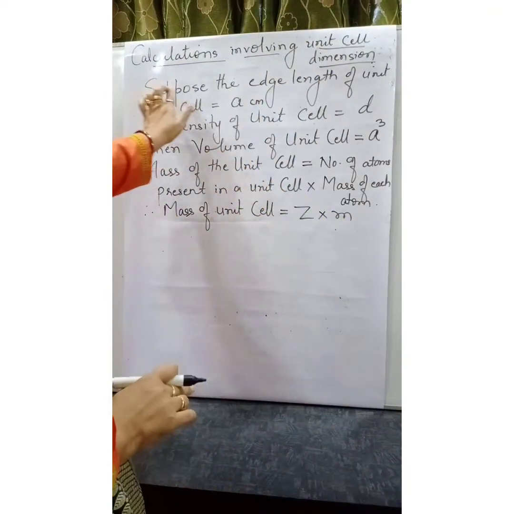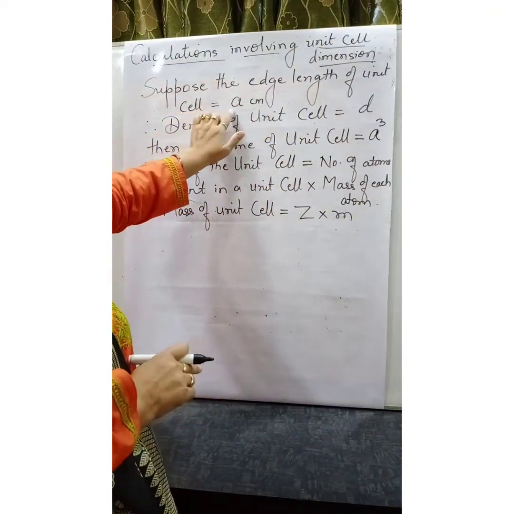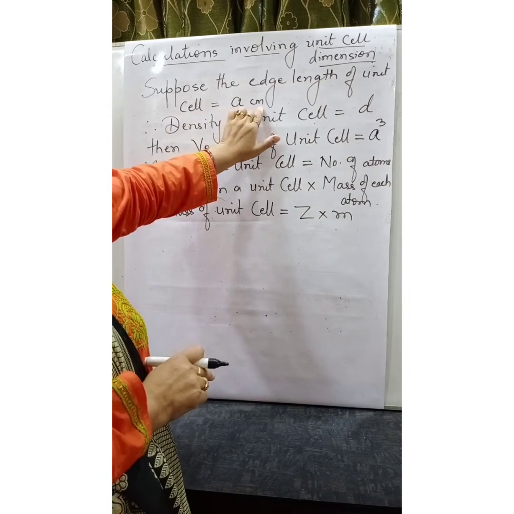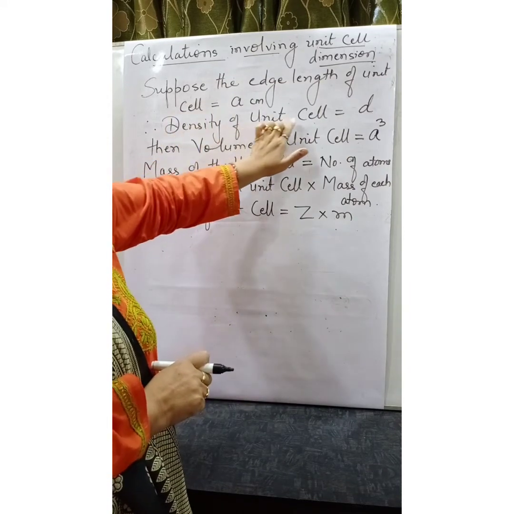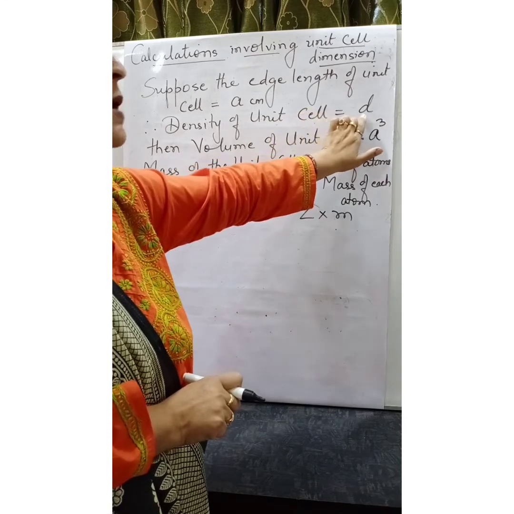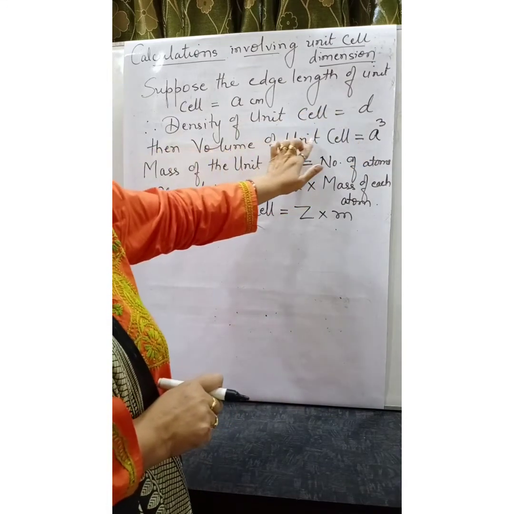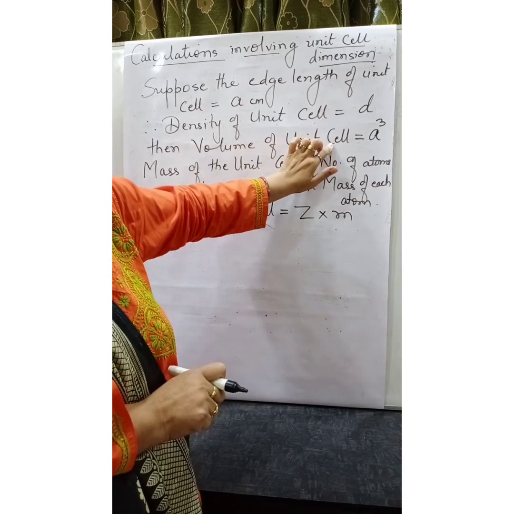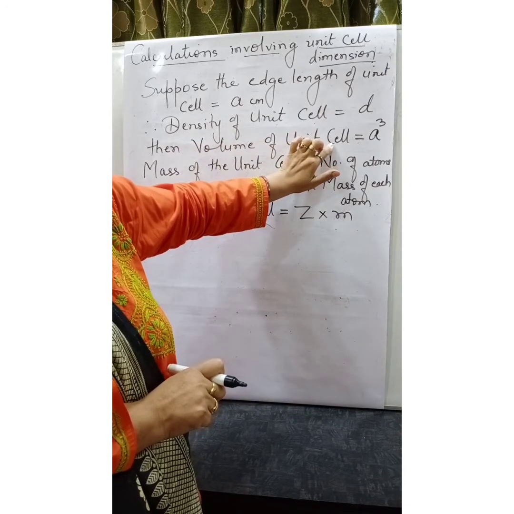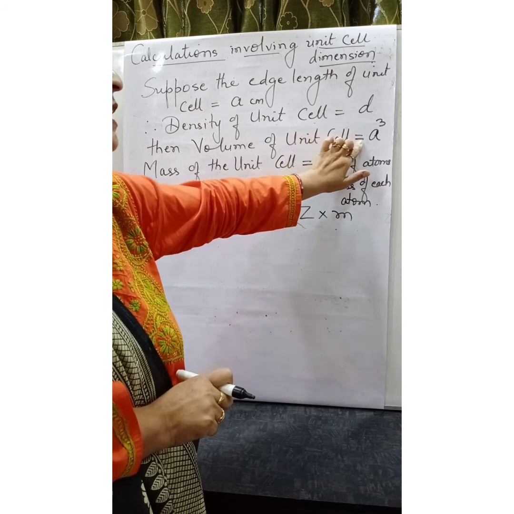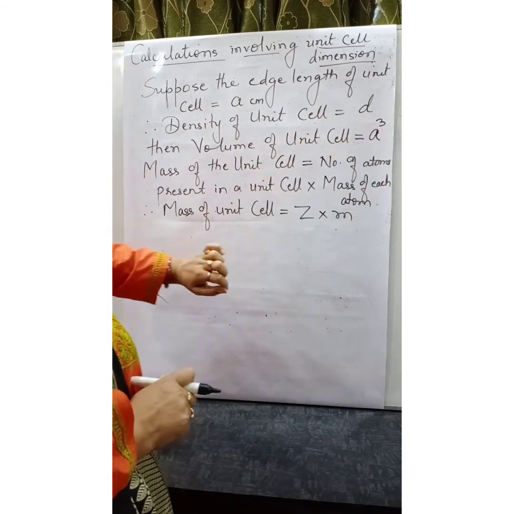Suppose the edge length of the unit cell is a centimeter and the density of the unit cell is denoted by letter D. Then the volume of the unit cell, we are taking a cubic unit cell, so volume of the unit cell is given as a cube.